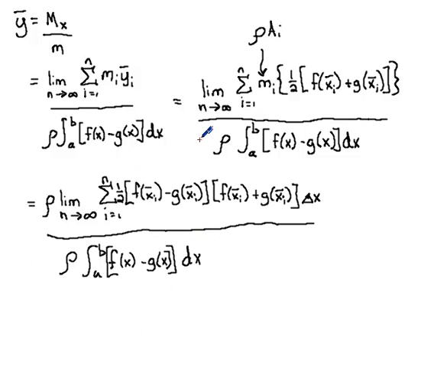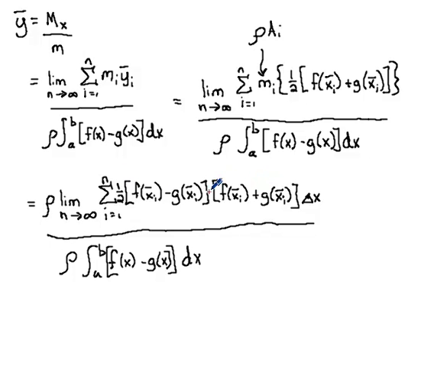Now, let's just take a look what happens. So remember, mass is just density times area. So I pull the density out front. And then the area is just going to be f minus g times delta x. So there's f minus g there, and I just threw the delta x out back. And of course we still had the 1/2 f plus g. So here's the 1/2, and here's the f plus g.